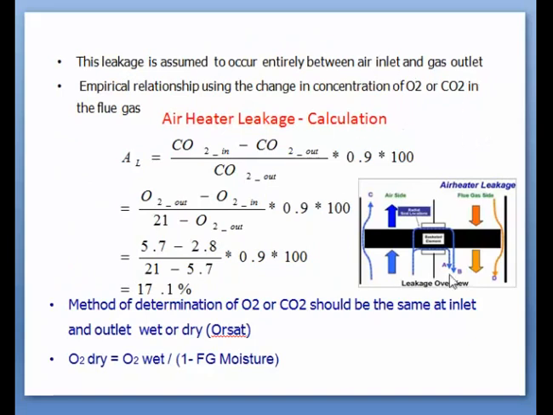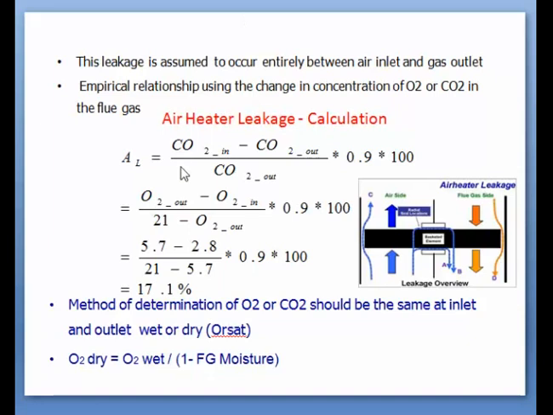How is it measured? Some empirical relation is given there, based on the concentration of O2 or CO2 in the flue gas. So the air heater leakage can be calculated by measuring the percentage of oxygen and CO2 in flue gas at the air heater inlet, and the percentage of oxygen and carbon dioxide in flue gas at the air heater outlet.